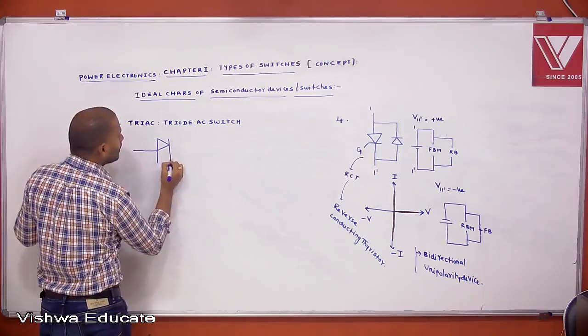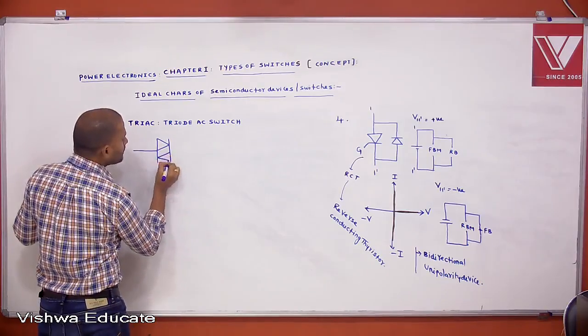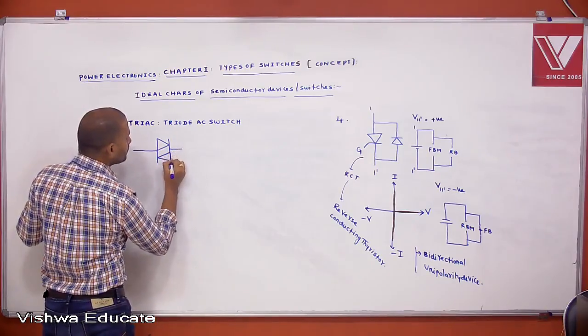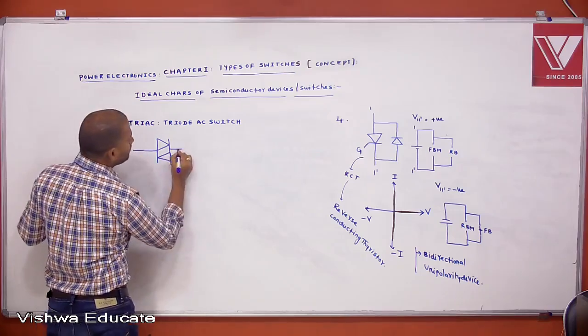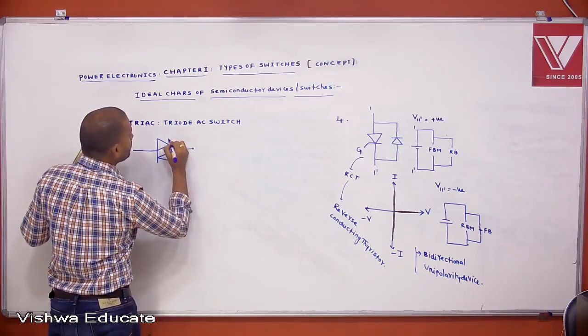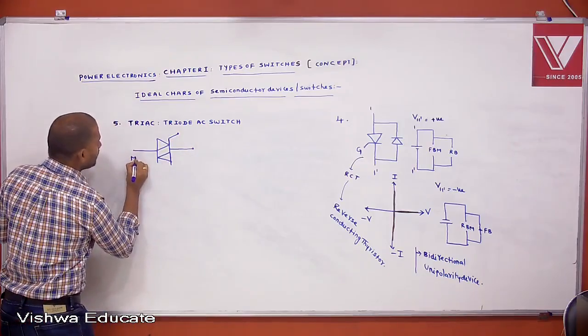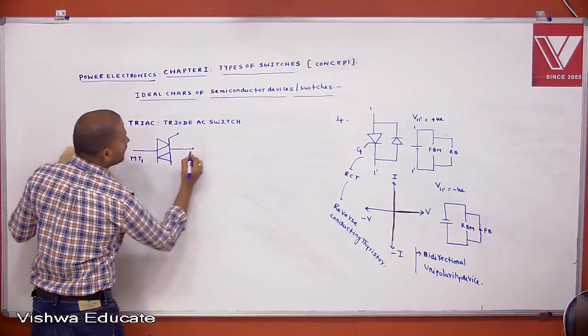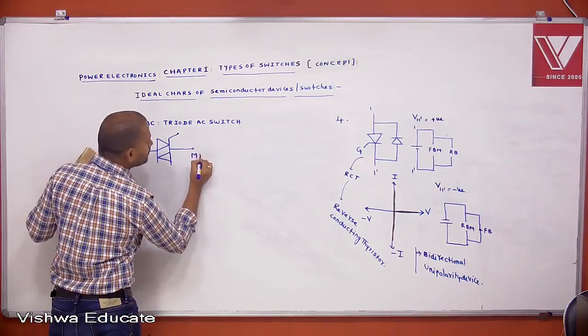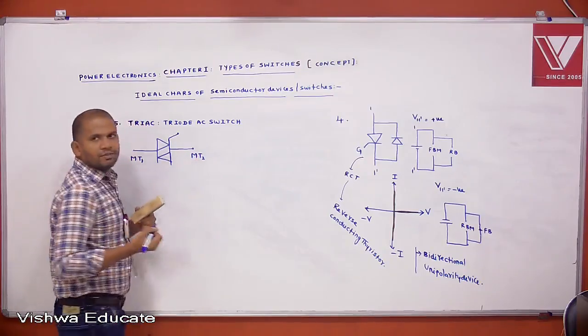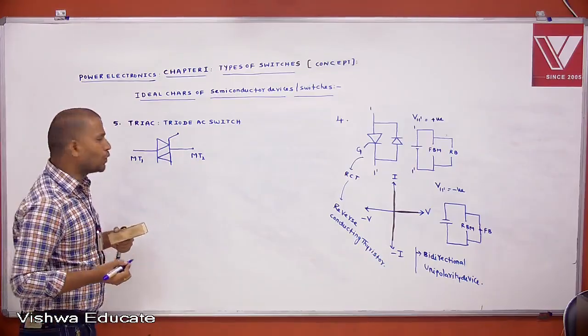The triac is a triode AC switch. This is MT1 and this is MT2, that is, main terminal 1 and main terminal 2.